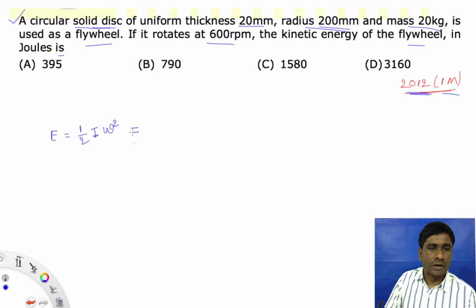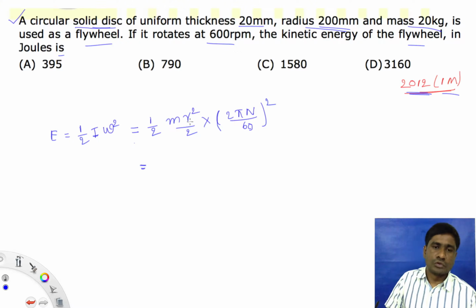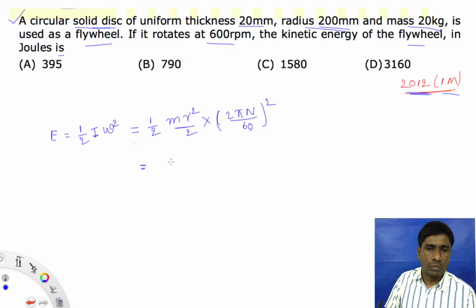For a circular disc, what is the I? That is m r square by 2. So m r square by 2 into omega, that is 2 pi N by 60 whole square. Let's now substitute the given values in the formula.